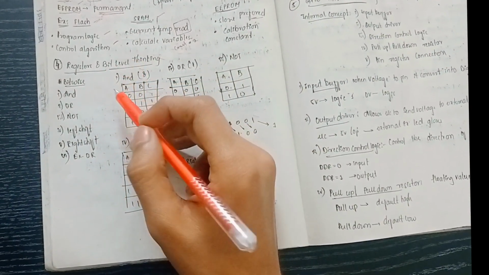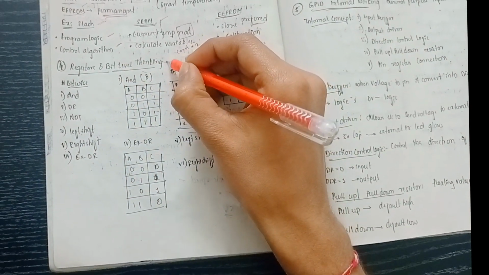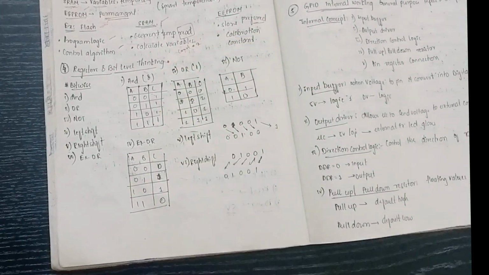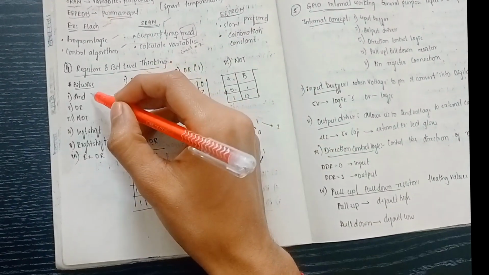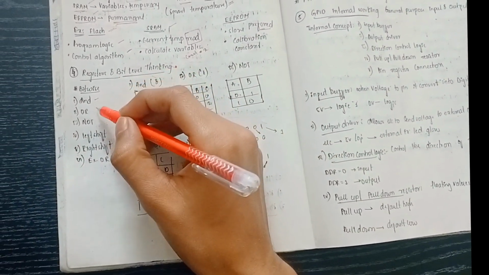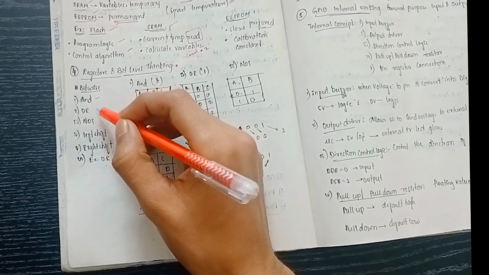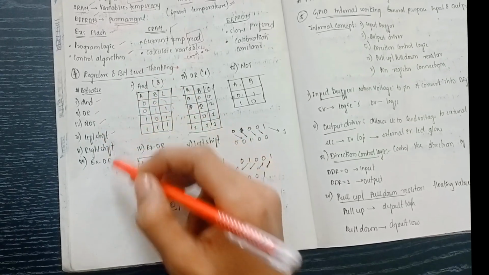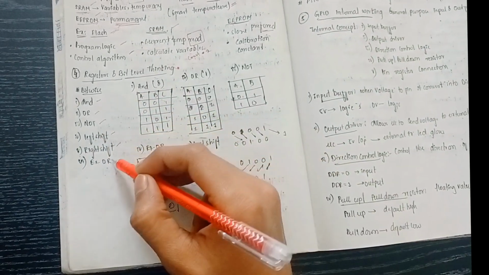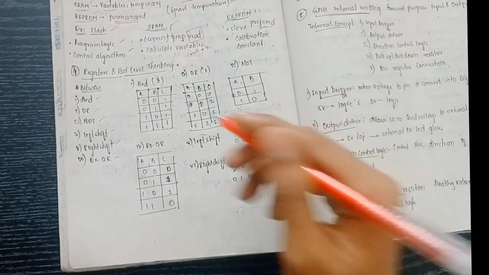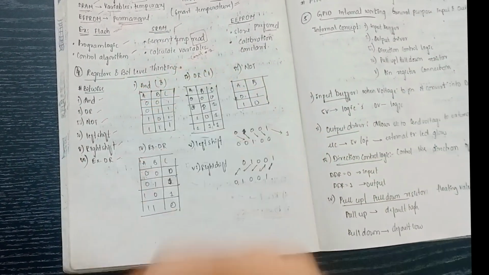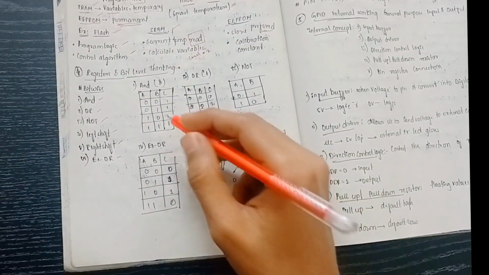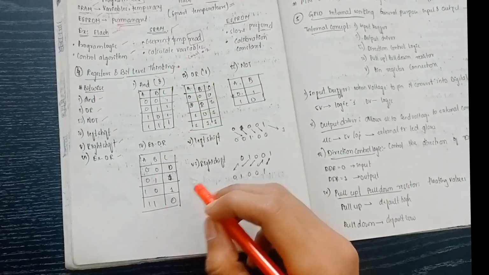Registers and bit level thinking are the key components for functioning of any type of register. You might be aware of the logic gates AND, OR, NOT, and left shift, right shift and XOR. These are the logic tables for the logic gates.